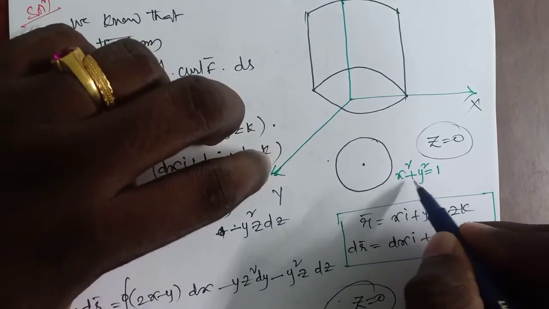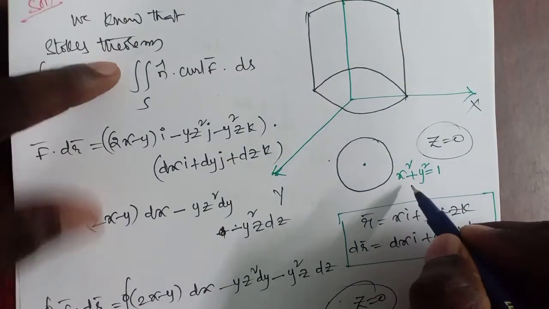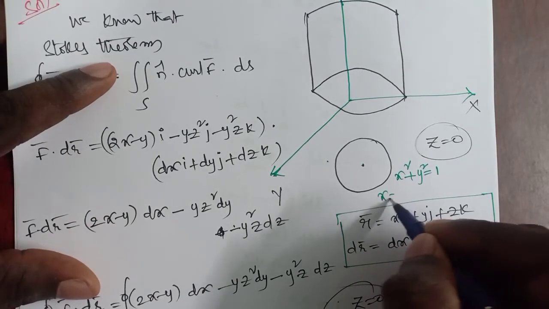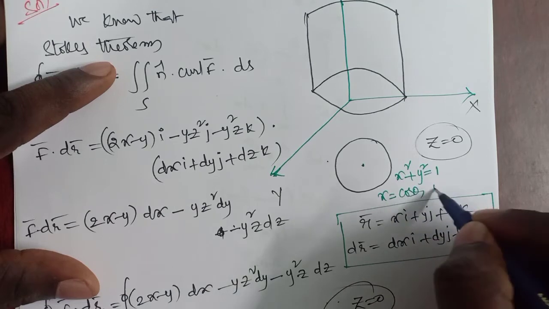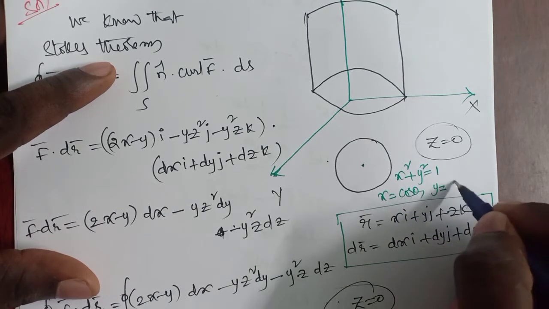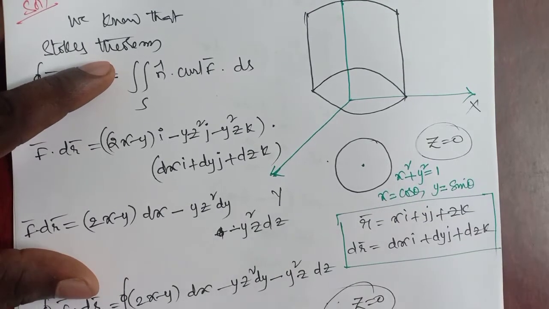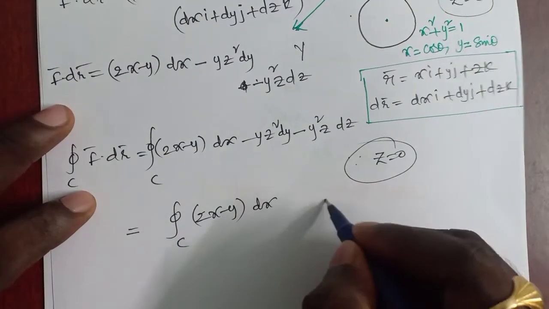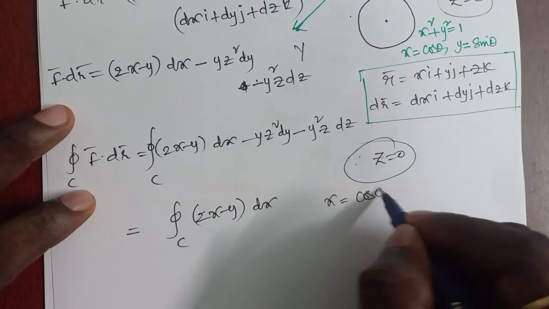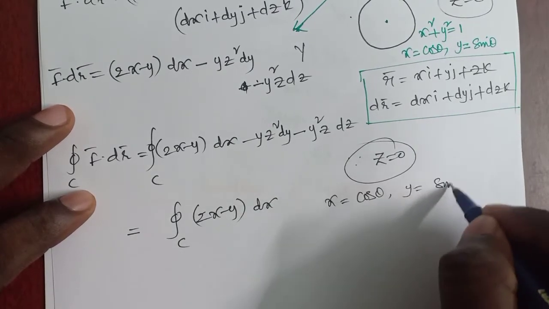What is the parametric form of the circle? x equal to r cos theta, r is 1, so x is cos theta. y equal to r sin theta, which is nothing but sin theta. So replace x with cos theta and y with sin theta.